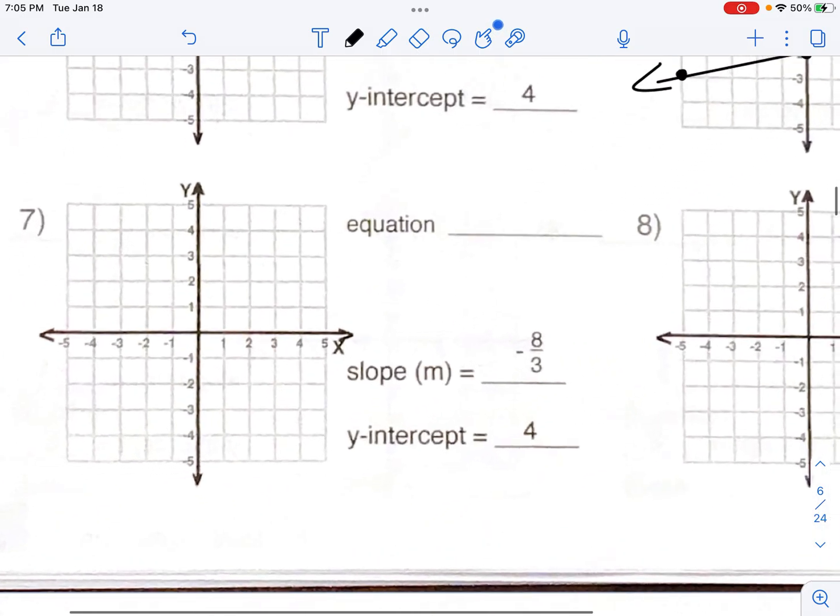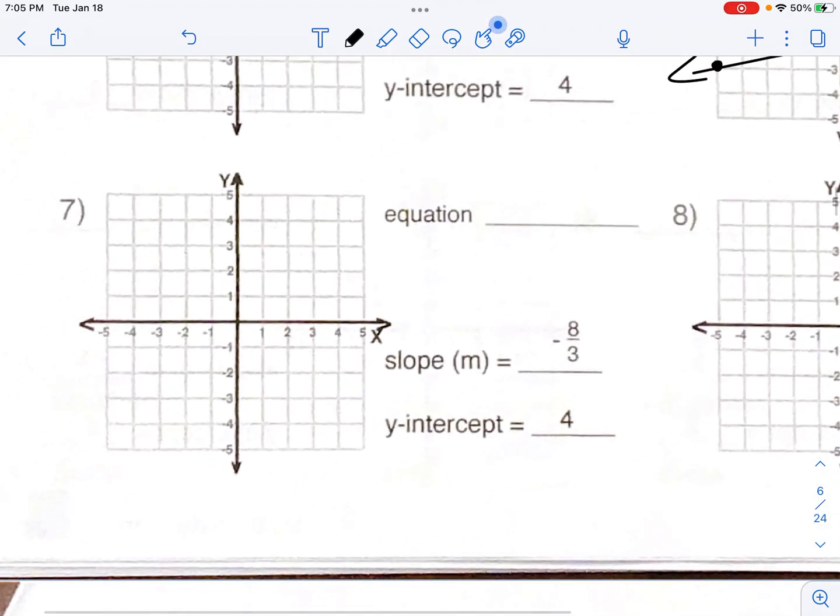Last 2 of these, okay? So your slope is -8 over 3. Always move the negative to the top. Just makes your life easier, okay? So with the x, and then +4 is your y-intercept. So plotted at +4. And then I'm actually going to go down 8 and right 3.